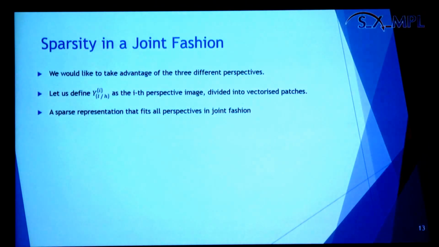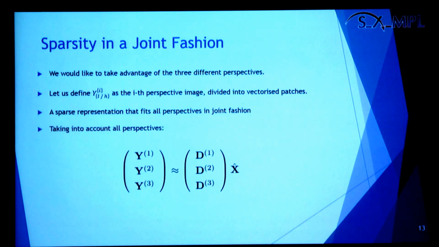OK, so far it's for one perspective, but I just said we have three. So how do we utilize all three perspectives at once? We can define Y_i^{LH} as the ith perspective image. And we would like to find a sparse representation that fits all of those perspectives at once. Some kind of X star that knows how to take into account all of those perspectives. And the naive approach looks like this.